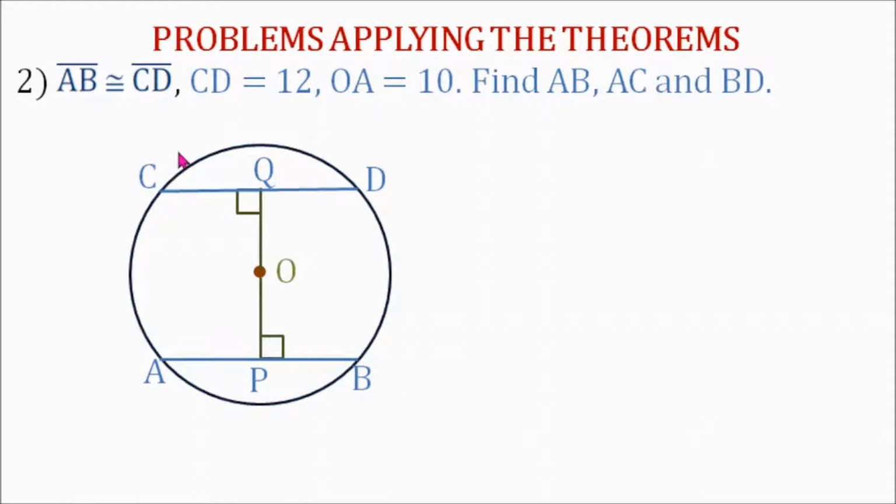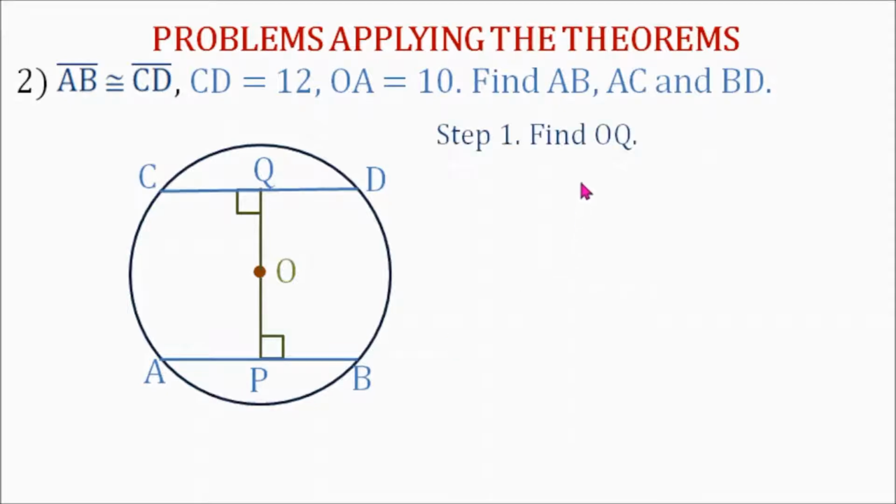Problem number 2. In our figure, line segment AB is congruent to line segment CD, and CD equals 12 and OA equals 10. So find AB, AC, and BT.